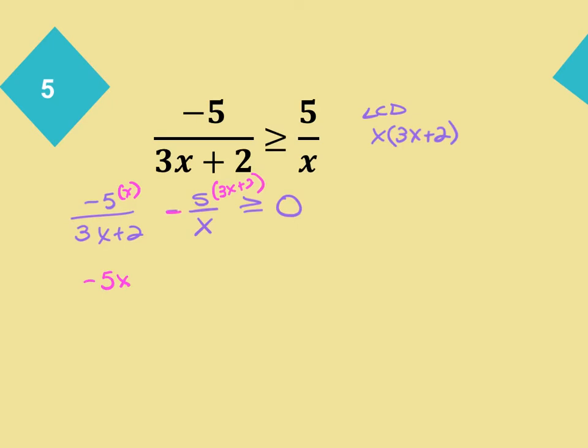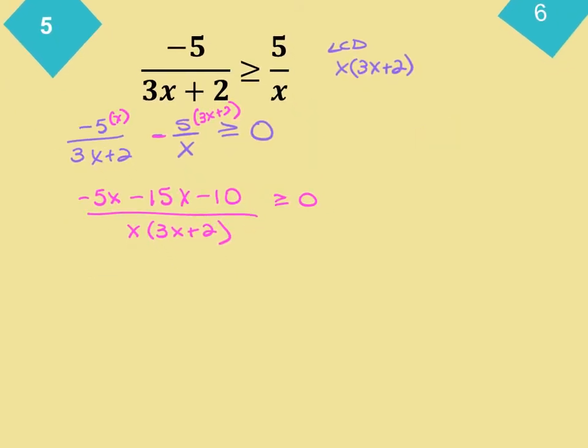This minus goes to both the 15x and the 10. So distribute -5 to 3x plus 2, over my denominator's x and 3x plus 2, greater than or equal to 0. Combine my like terms in my numerator, -20x minus 10 over x times 3x plus 2, greater than or equal to 0.